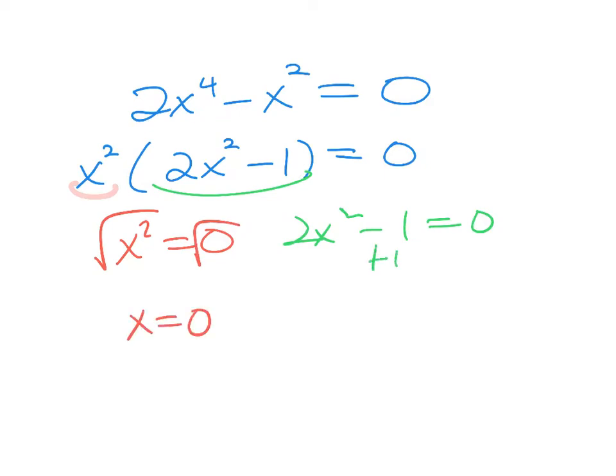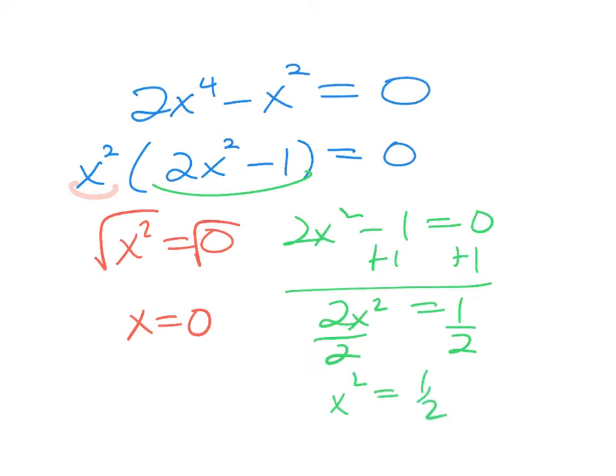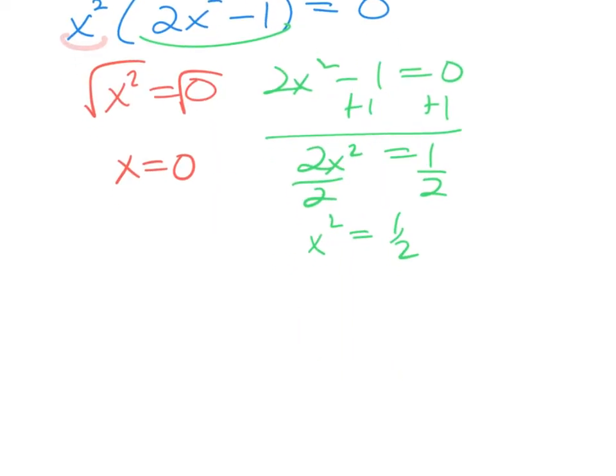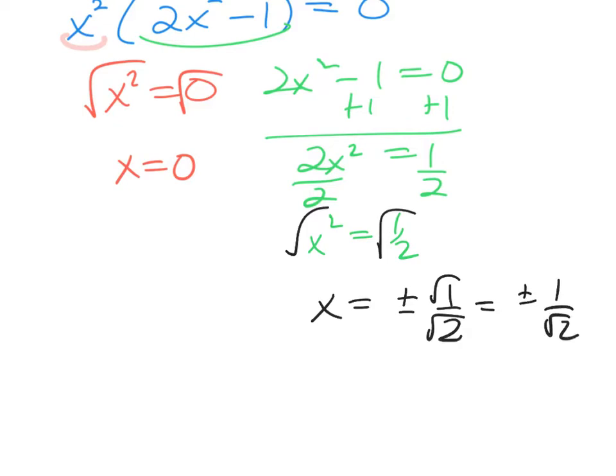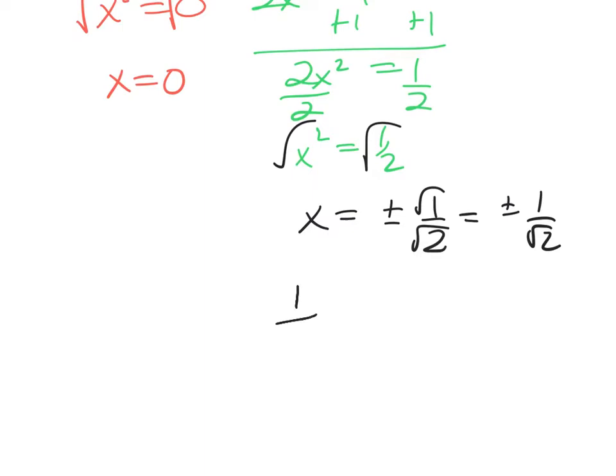For the green one, I will add 1. 2x squared equals 1, divide by 2, x squared equals 1/2. Again, I need to apply the square root method here. So x equals plus and minus the square root of 1 over the square root of 2. Again, I can simplify this. I can't leave the 2 in the bottom, so I have to rationalize this.